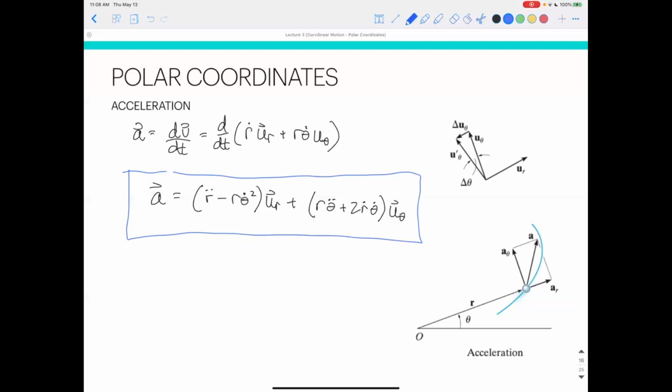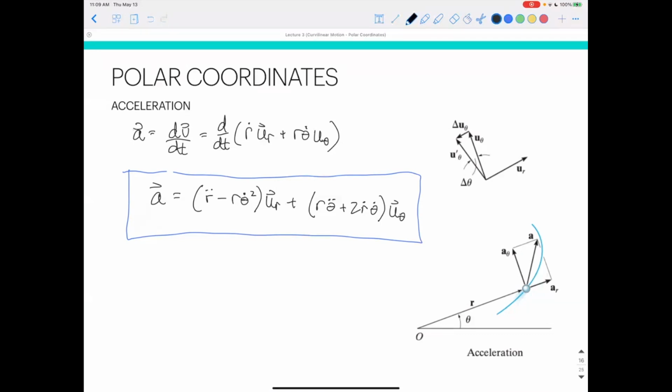Cylindrical would just add a third dimension, a z component, and for the motion in that z direction we could use our equations of motion for rectilinear straight line motion. But for now, let's just think about 2D. We have our equations for velocity and acceleration. Questions that give you information about r and theta should be immediate flags that we should be using polar coordinates.